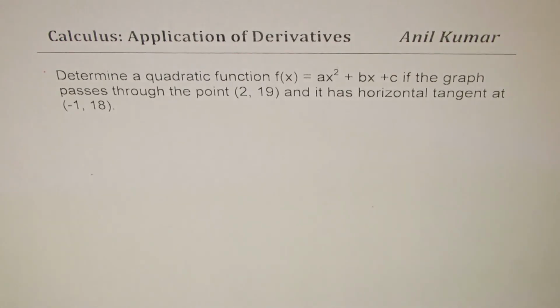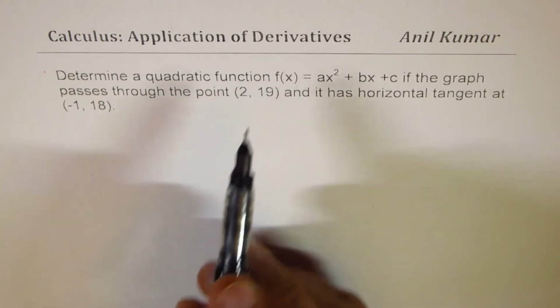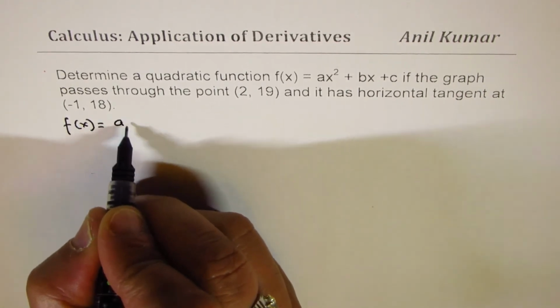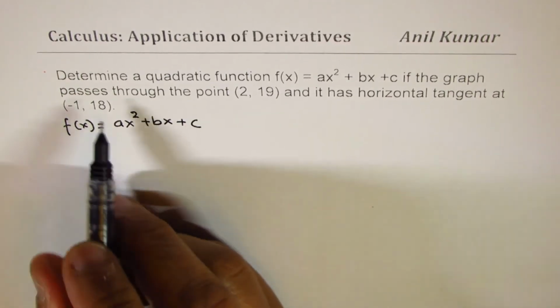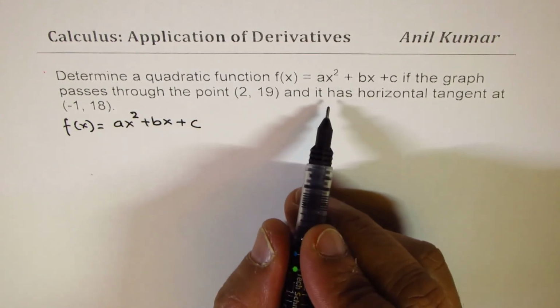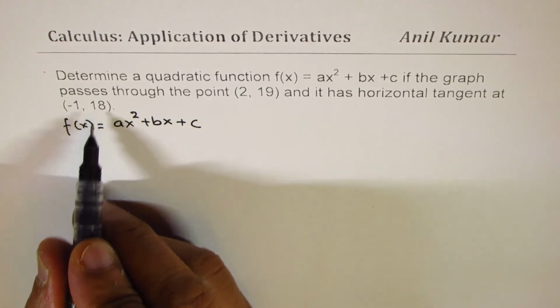So let's move on and take the next question, which is actually the last question of the series. We need to determine a quadratic equation, which is given in the form of ax squared plus bx plus c. It passes through the point 2, 19 and has a horizontal tangent at minus 1, 18.